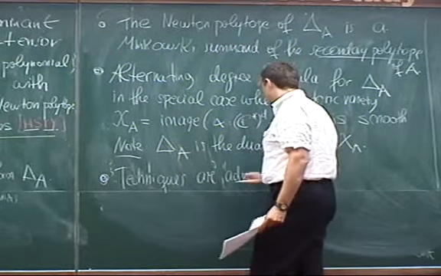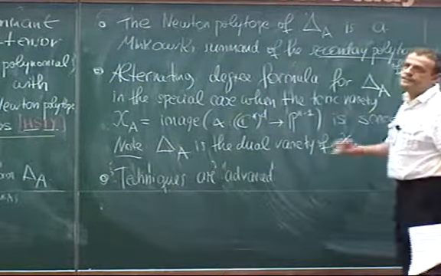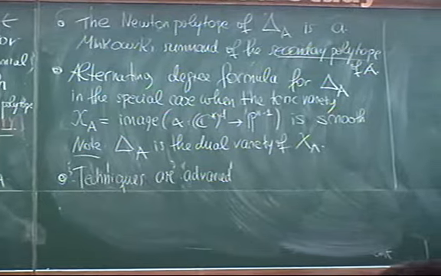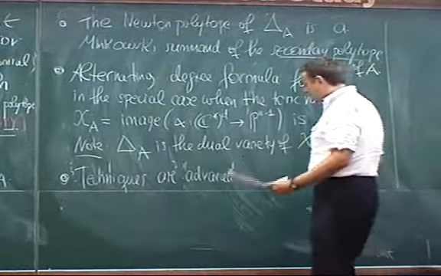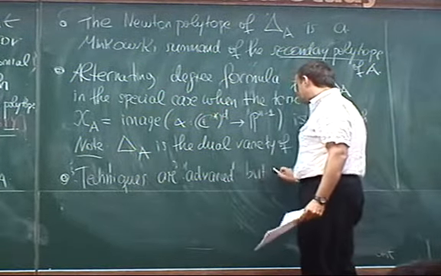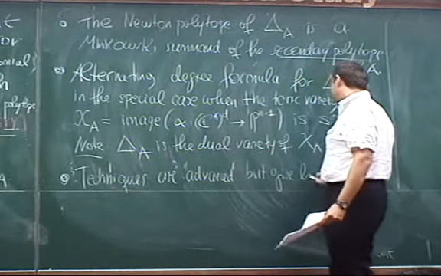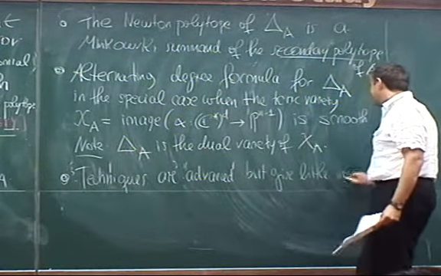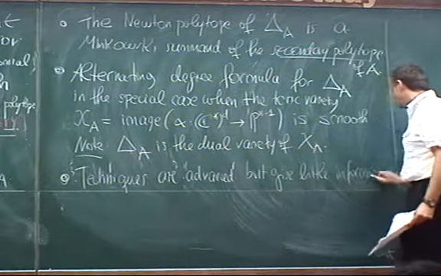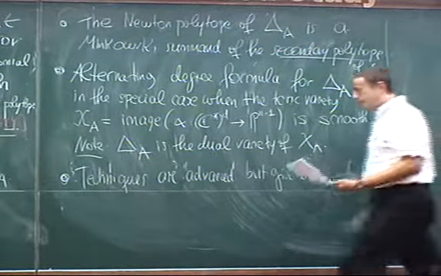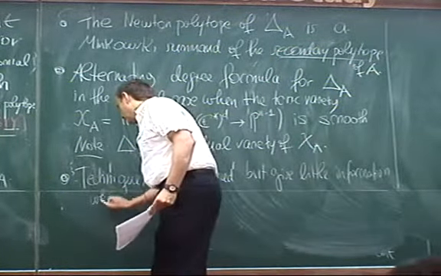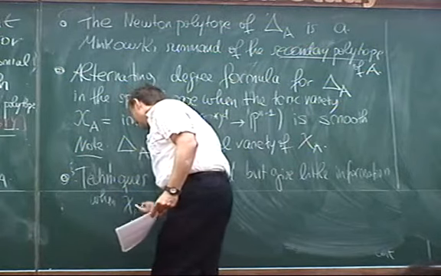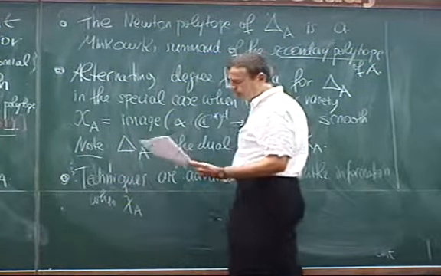So certainly beyond the level of these lectures, much more advanced. The techniques are advanced, but give little information when the toric variety is not smooth. They give some information, but not a lot.